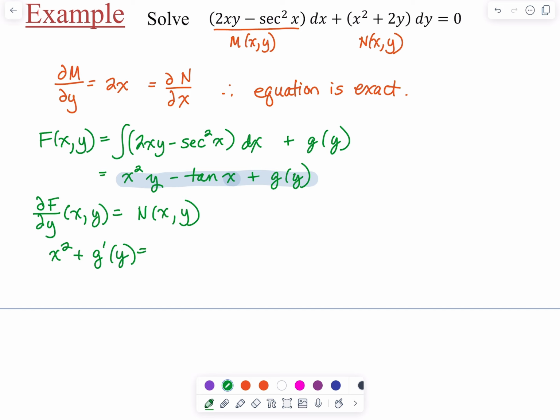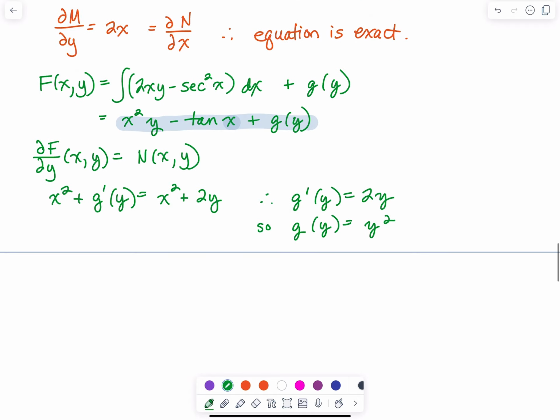And let's set that equal to our N(x,y), which is x squared plus 2y. Therefore, you can see that g prime of y is equal to 2y. That leads us to g(y) being equal to y squared. So now what we have is that f(x,y) is equal to x squared y minus tan of x plus y squared.